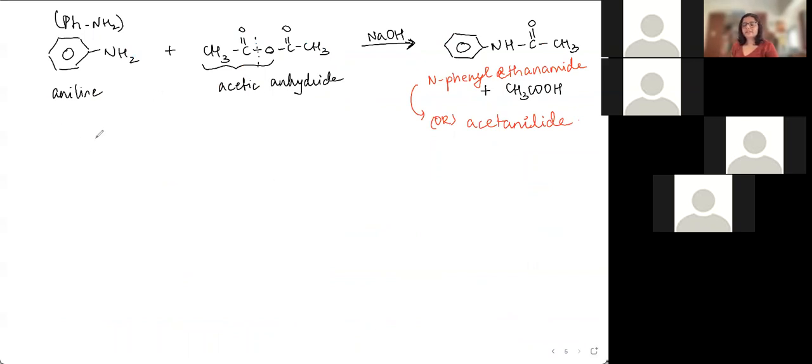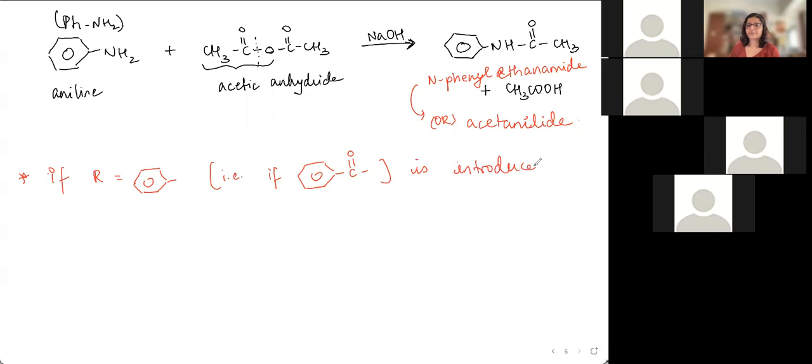Specifically, if you are introducing, so this is again a special thing, if the R is equal to a phenyl ring, so if this particular thing, C double bond O, is introduced, then it is called benzoylation.